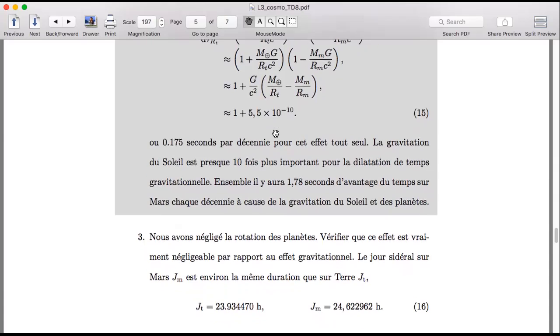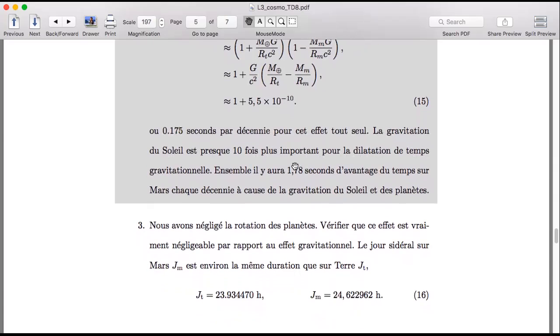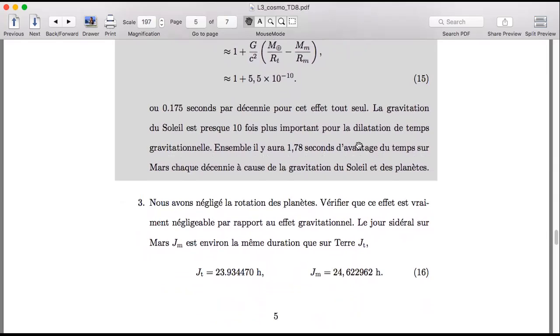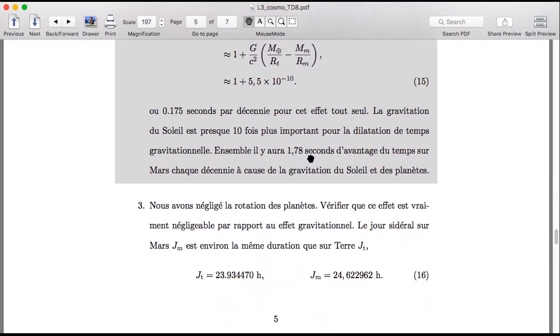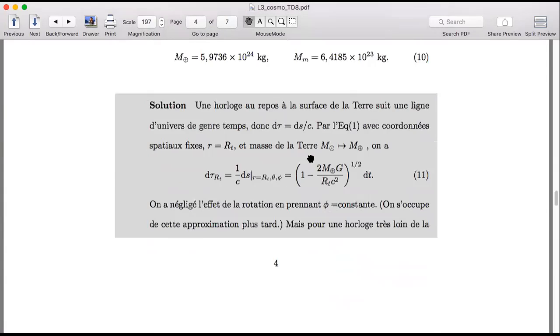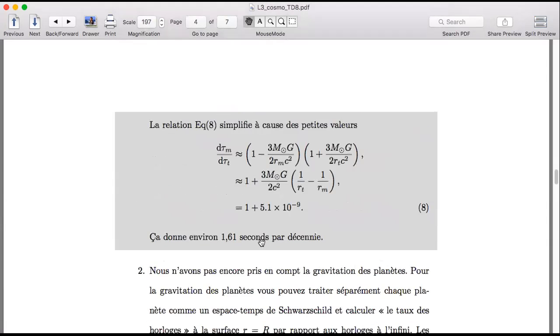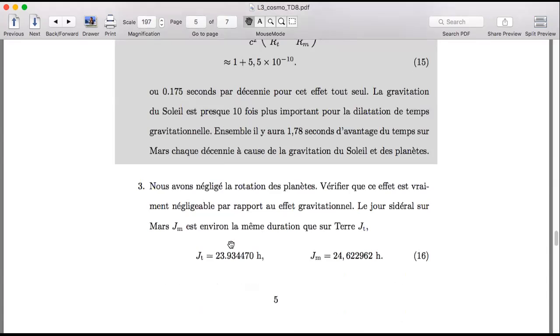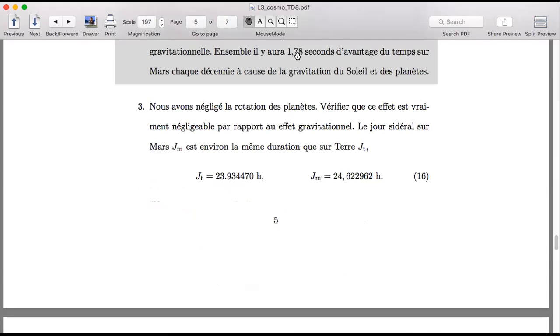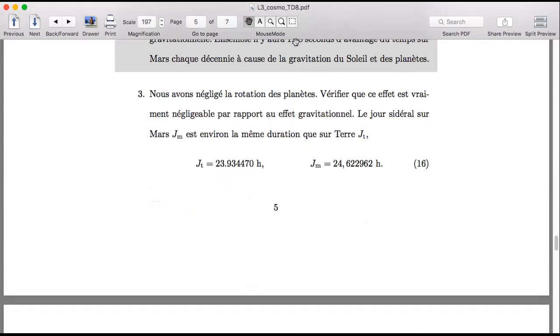But yeah, in a 10-year time period, this corresponds to still less than a second. So if I combine that with the earlier one, instead of 1.6, I get 1.7 or 1.8, I guess. What was it? 1.68, I think. Or 1.61, or say 1.6, and together they give almost 1.8. So it's sort of a 10% effect.